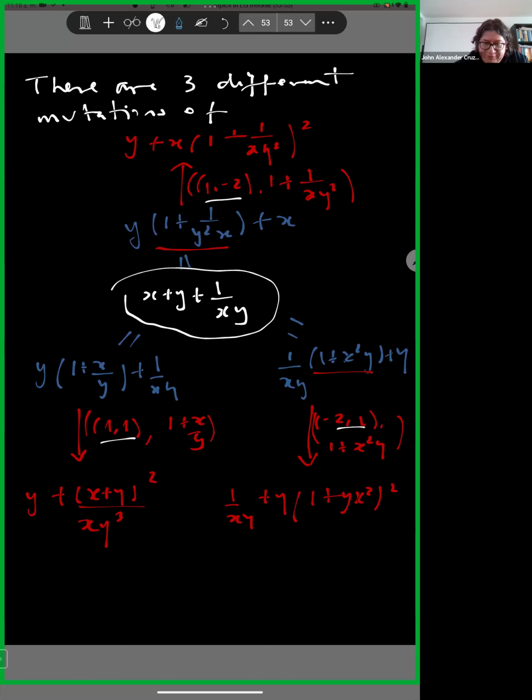So let me just mention all these mutations give equivalent results up to monomial change of basis.